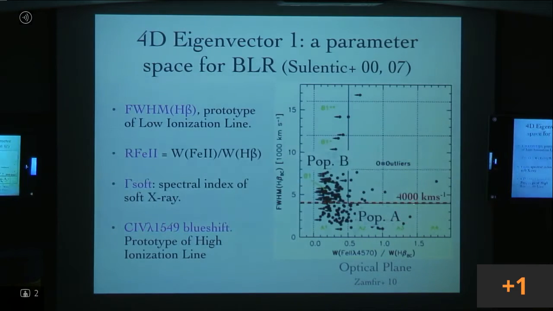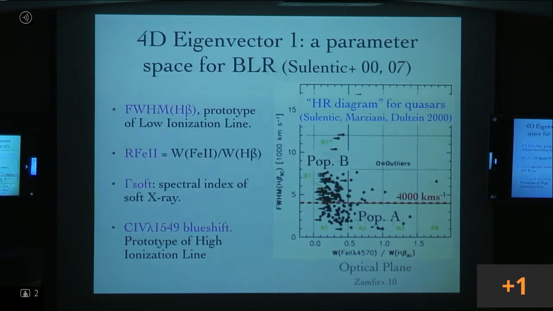Population A, which has H beta lower than 4,000 kilometers per second, and population B, with the full width of H beta larger than 4,000 kilometers per second. This is the optical plane. They have the other dimensions. And they propose that this diagram could be an HR diagram for quasars. These are the 3 authors.